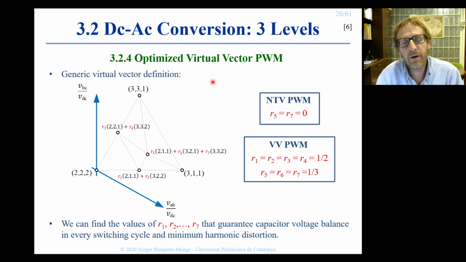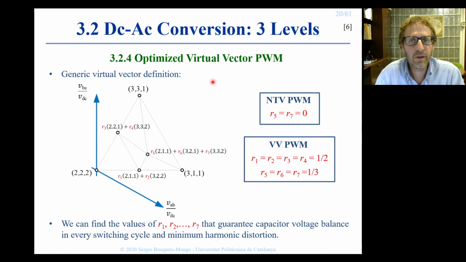So far, we have defined a virtual vector pulse width modulation that is able to keep the capacitor voltages balanced in every switching cycle for any value of the modulation index and for any load, with the only requirement that the addition of the three-phase currents equals 0. However, we have also seen that this is achieved at the expense of an increased harmonic distortion compared to conventional NTB pulse width modulation.